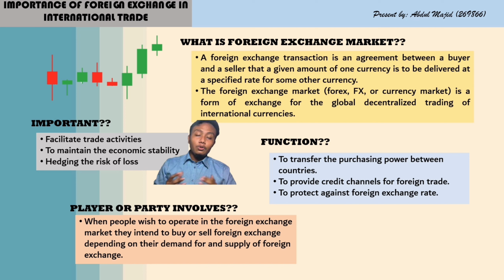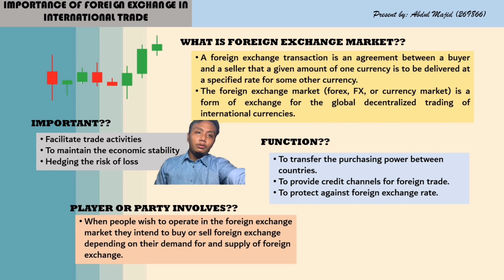So using the forward contract, the currency doesn't change. It won't change, even though 3 months later it will become $1 equal to 4 ringgit and 50 cents. So the 50 cents cannot be involved in this contract. So this will lower the risk of loss to the buyer, especially me in Malaysia, buying from the US dollar.